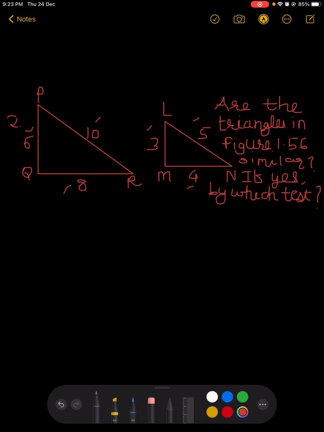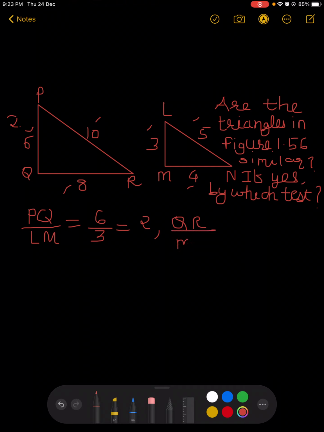I am going to divide the sides which are corresponding to one another, which can be paired. So PQ and LM, I am pairing them. So 6 upon 3, when I divide 6 by 3, it becomes 2. Now the second pair is QR and MN.